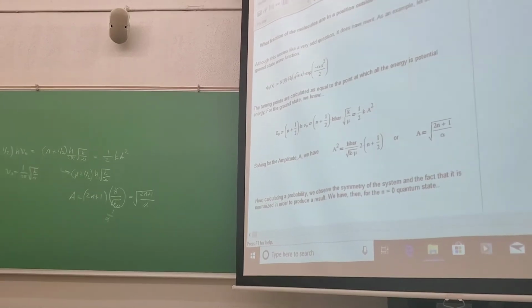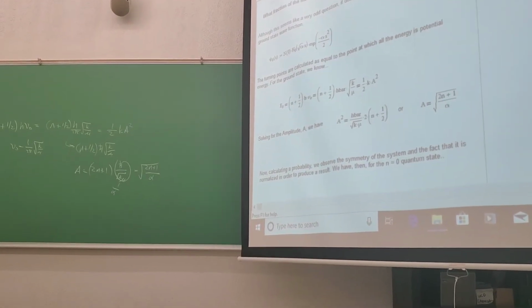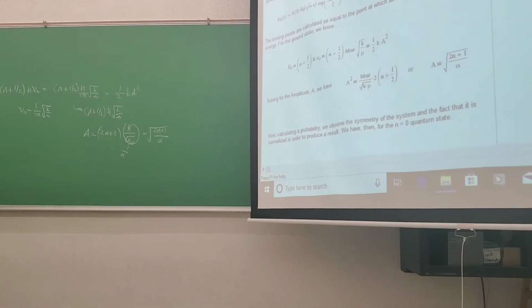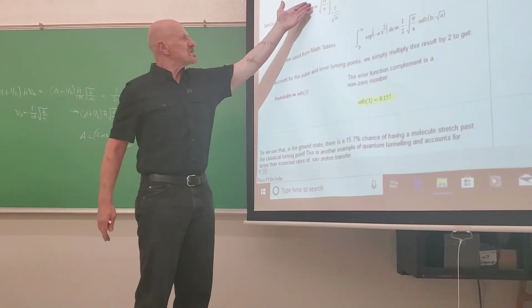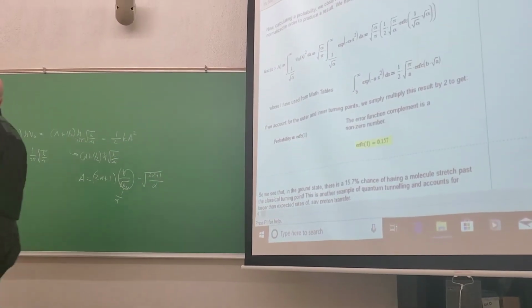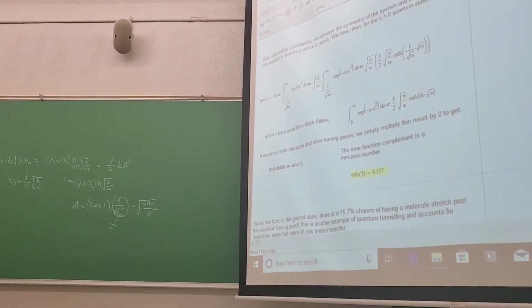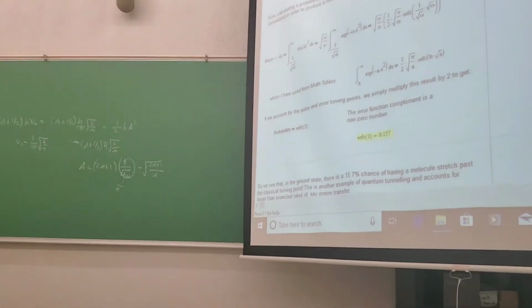this is going to be equal to the normalization constant for the ground state, which is the square root of alpha over pi. So it's 2 times the square root of alpha over pi.